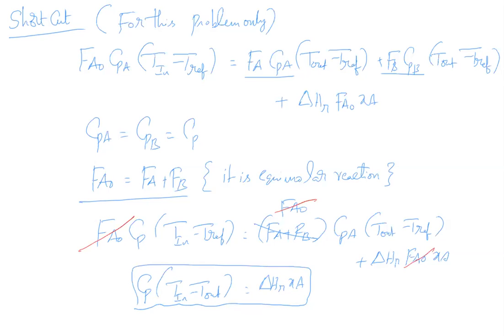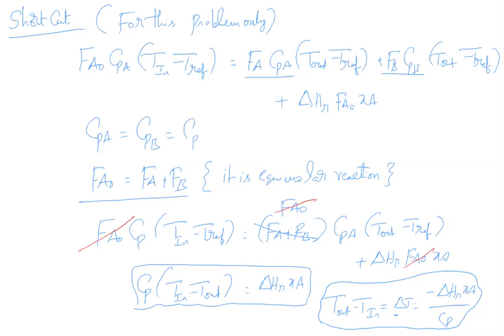So if I rearrange the terms, T out minus T in, which is called delta T, is equal to minus delta HR XA divided by Cp. This is the famous equation that you see in Levenspiel.